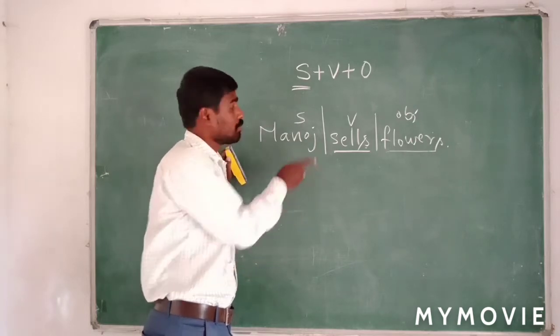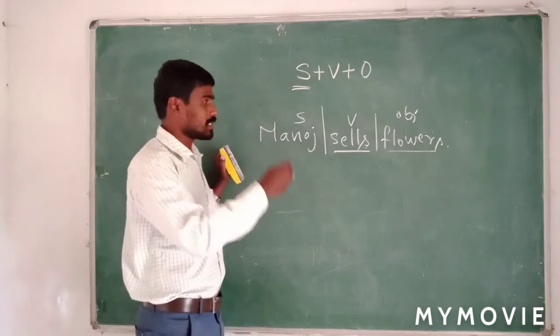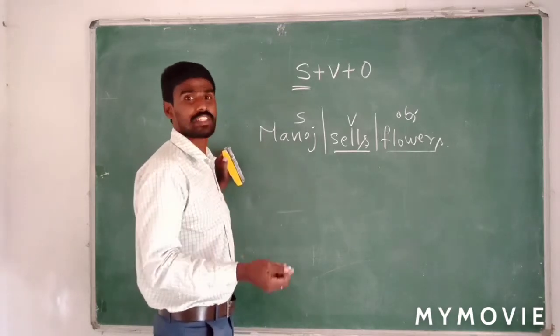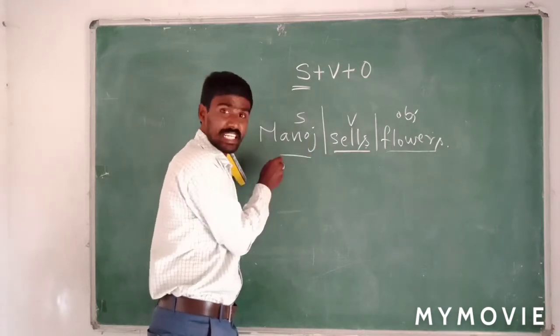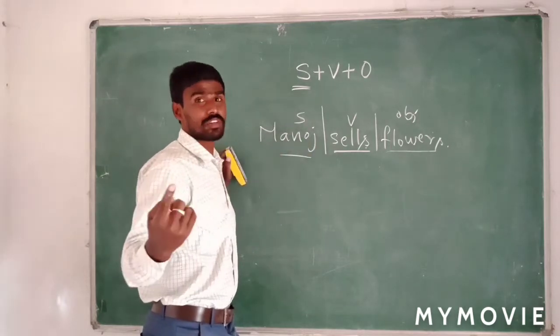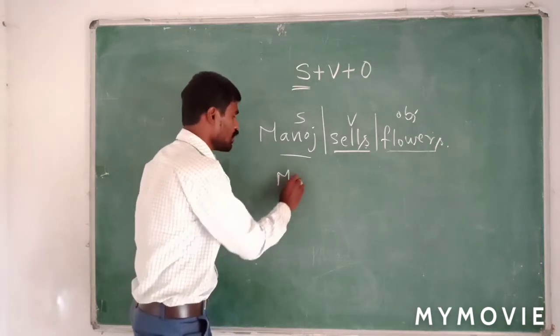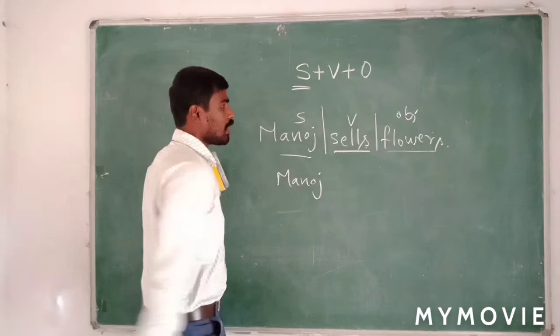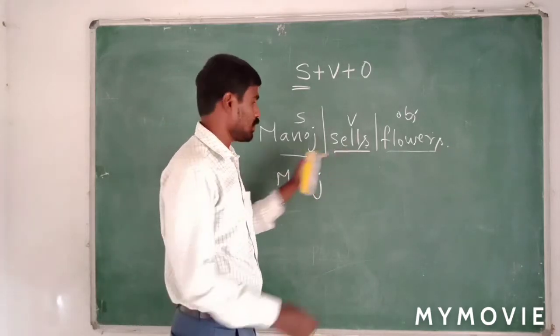If you want to talk about yesterday's action, what Manoj did yesterday, how are we supposed to write? Now let us write this same sentence in past tense. Whatever happened yesterday, whatever Manoj did yesterday, now we want to talk about, we want to write. How will you write? Manoj, now we have to write the past tense form of this verb.